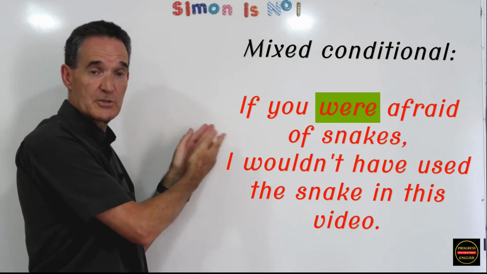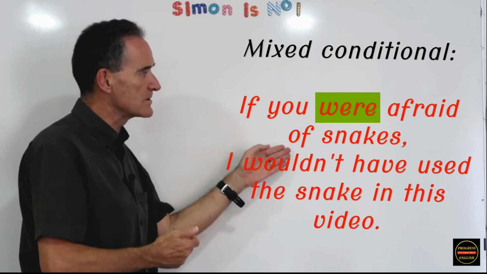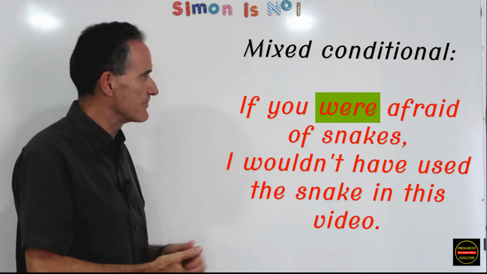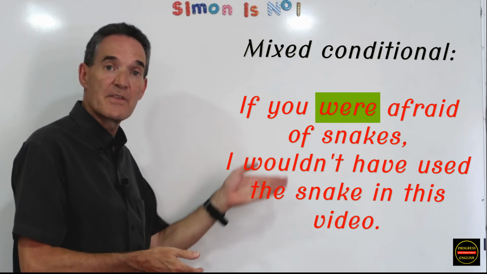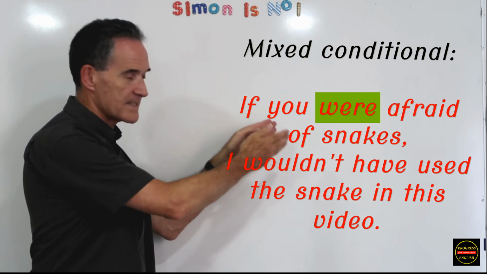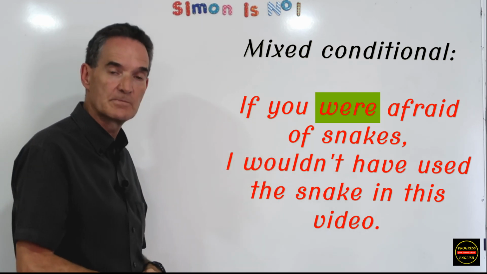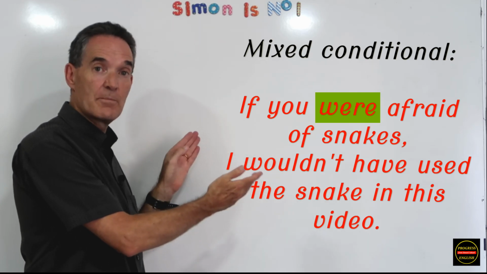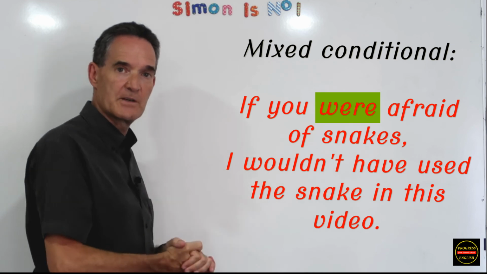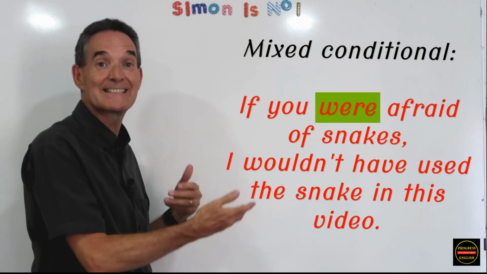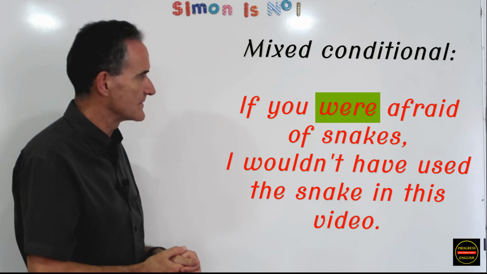It's impossible because you're not afraid of snakes. I wouldn't have used the snake in the video today. This is the third conditional. The main clause uses would plus have plus the past participle. So this is a mixed conditional combining the second conditional and the third conditional. And of course, the result is that it's an impossible thing, an impossible condition.